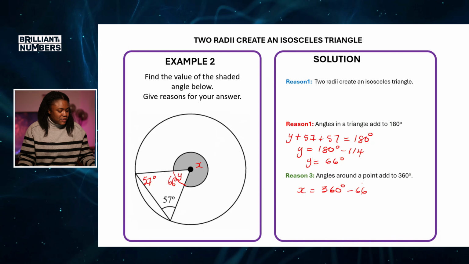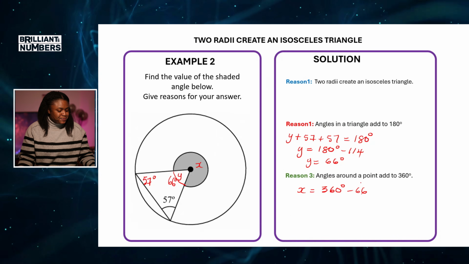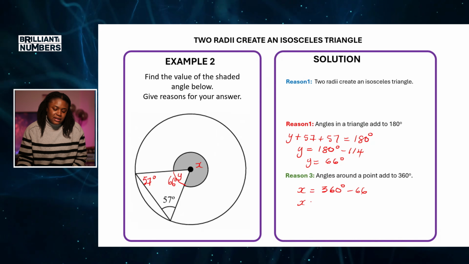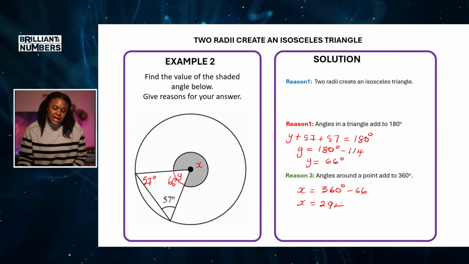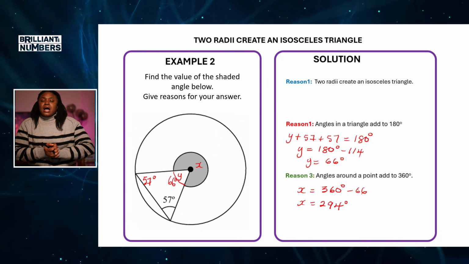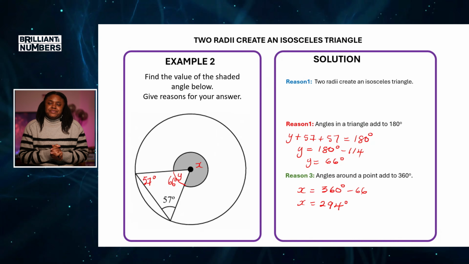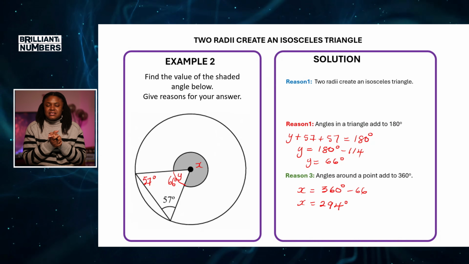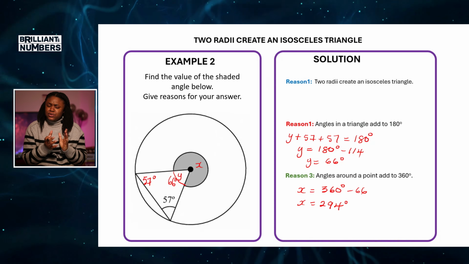So again, I'll just put that quickly into my calculator. So take away 66. So x then is 294 degrees.